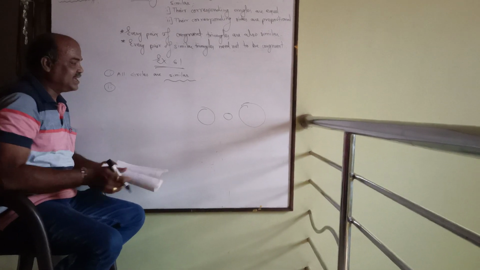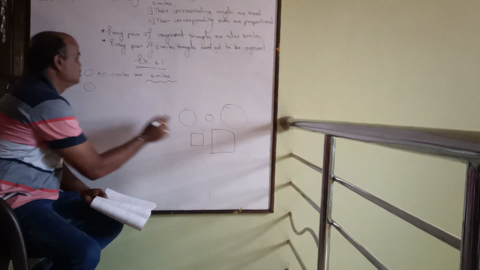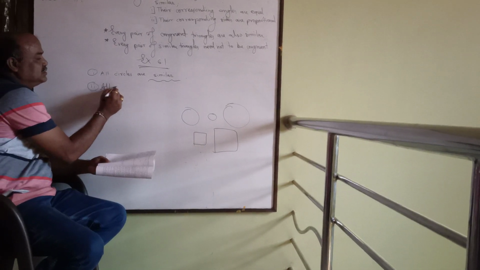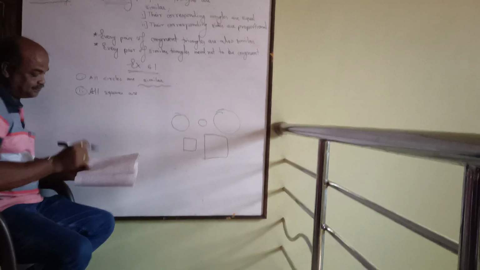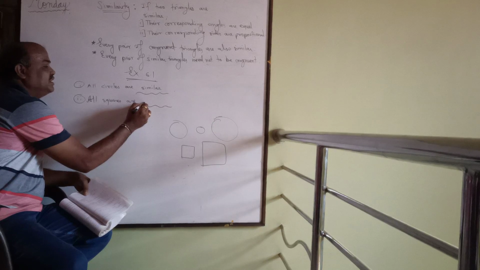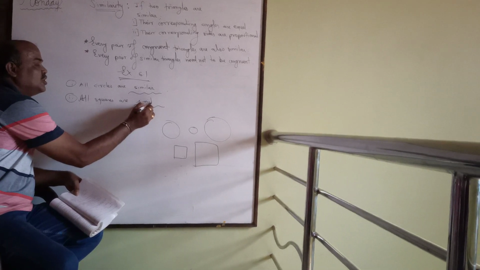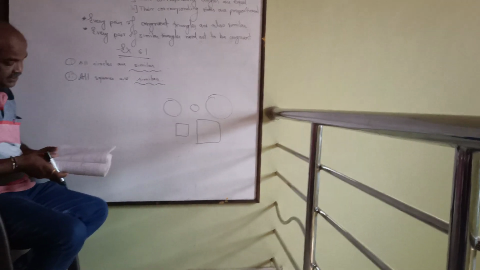All squares are. We have taken the same example regarding squares also. So all squares are. Once again, the blank will be similar, not congruent. All squares are similar, right?